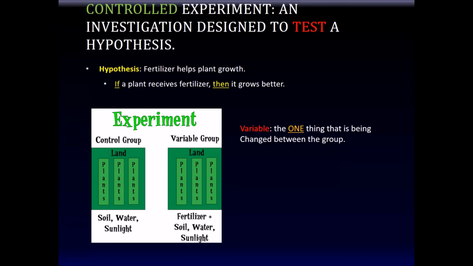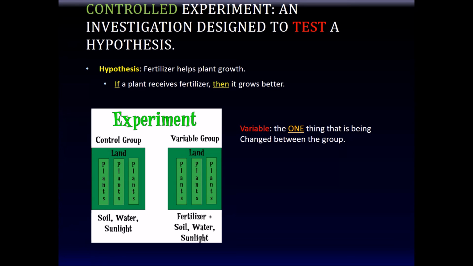These 2 groups are identical in every way, except one thing. And that thing that's different between the 2 is the thing that you're testing. Do you understand? So the control group and the experimental group are identical, except the experimental group has one difference, and that difference is what you're testing.